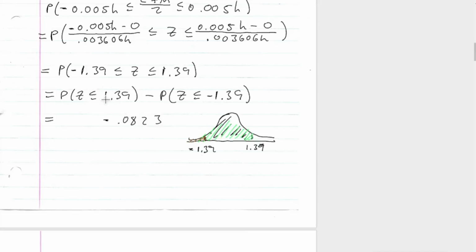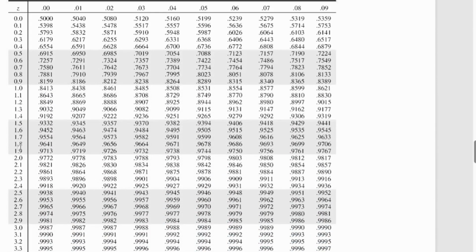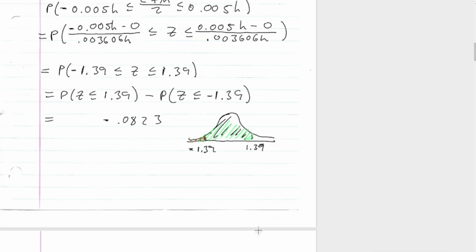And then the positive, 1.39, gives 0.9177. So this is going to be 0.8354.